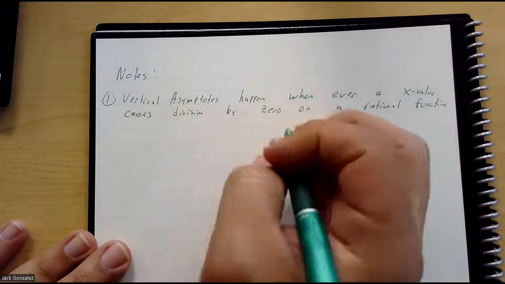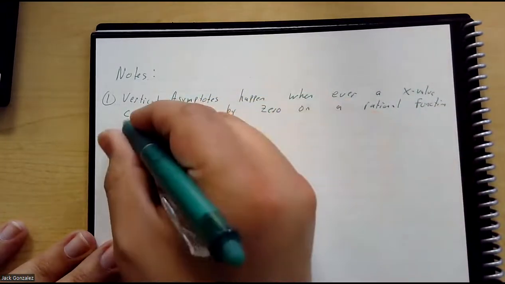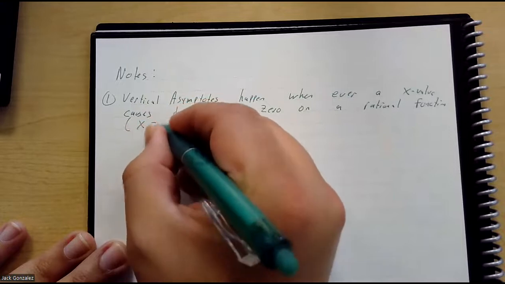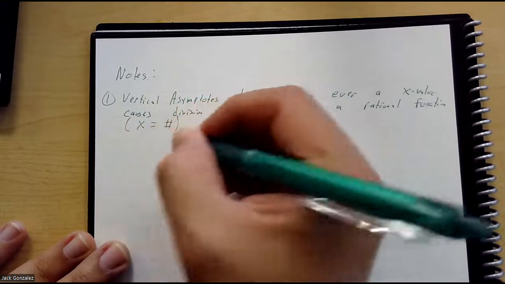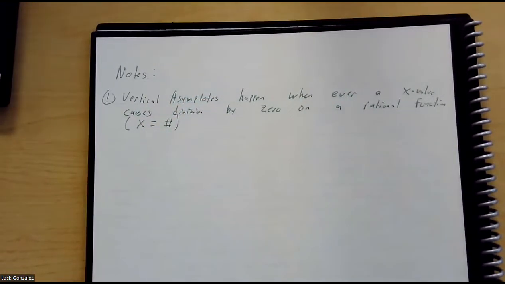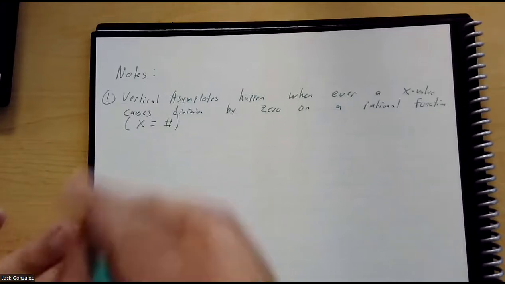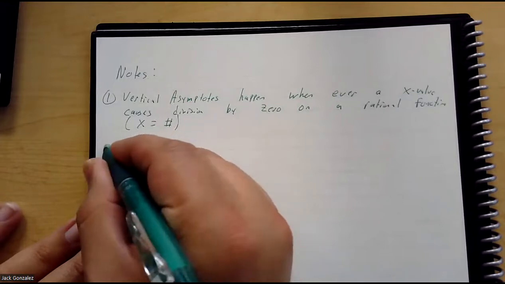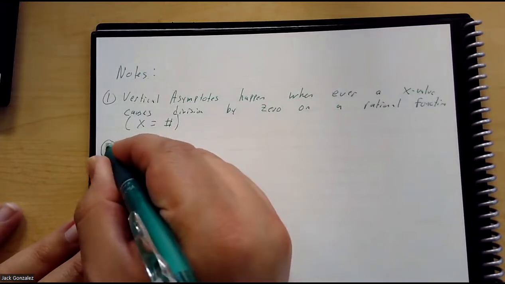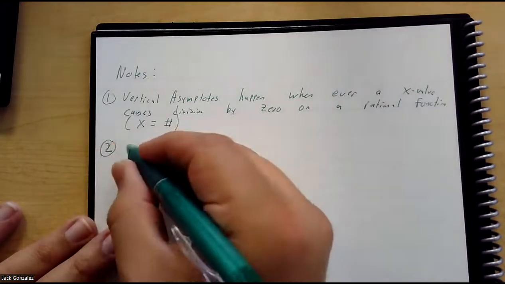You write it like this: x equals whatever that number is, some number. On the homework, you have to write it as an equation.